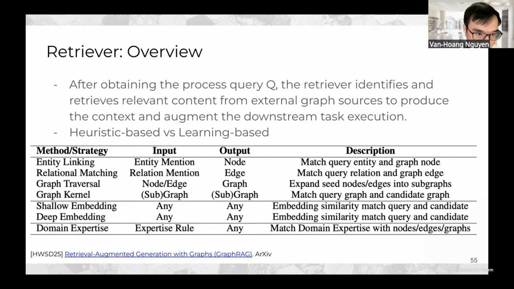The heuristic-based typically employs methods such as entity linking, relational matching, and graph traversal. Whereas for the learning-based method, we try to learn better representations of the graph components such as entities and relations. And this is done by representation learning using shallow and deep embeddings.